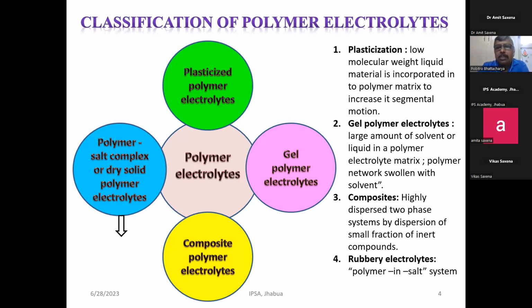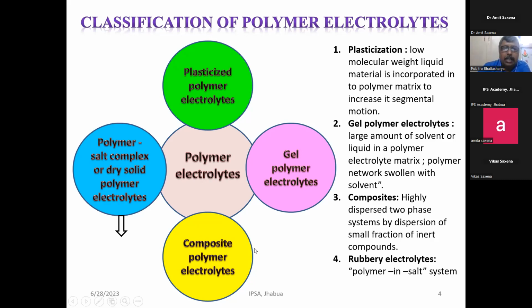But the stability of these polymers is quite doubtful, because if it is water incorporated, then it will be strongly humidity dependent. Therefore, for real application purposes, this type of solvent category is not that much used in electrochemical devices.